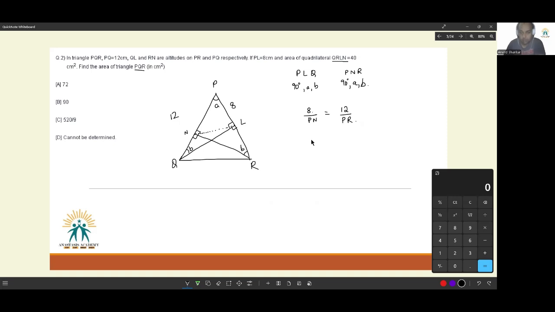So PN by PR should be equal to how much? 2 by 3. So if this full thing is 3K, this is 2K. Wonderful.